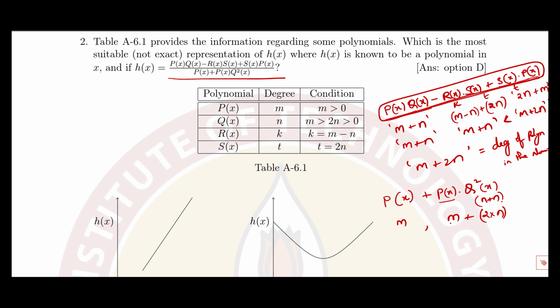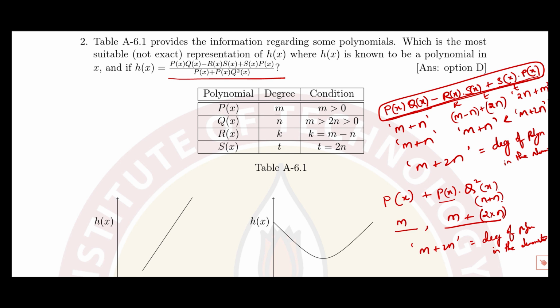So finally this is m and this is m plus 2n. So the degree of the polynomial in the numerator will also be m plus 2n, which is the degree of the polynomial in the denominator.